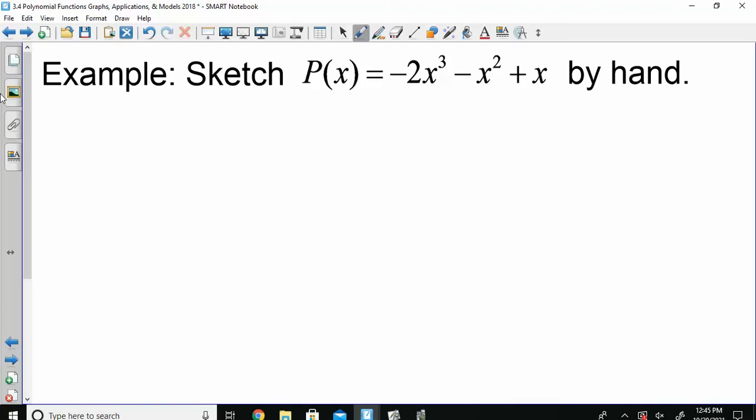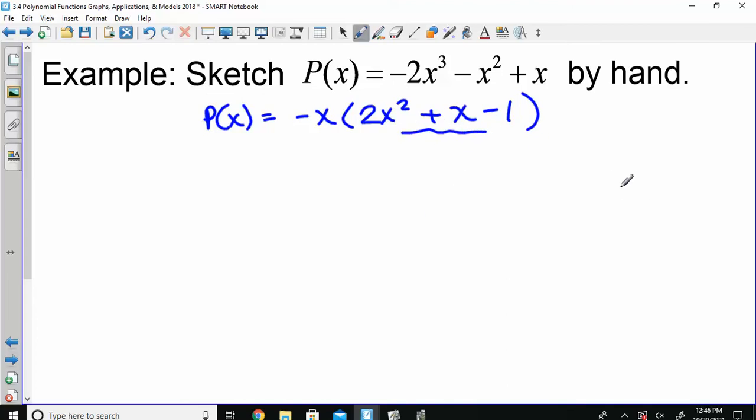Take out an x. I'm going to go ahead and pull out a negative x just because I prefer for my first term to be positive. So, if I pull out a negative x, that leaves me with a positive 2x squared, positive x, and a minus 1. What can I do with this?